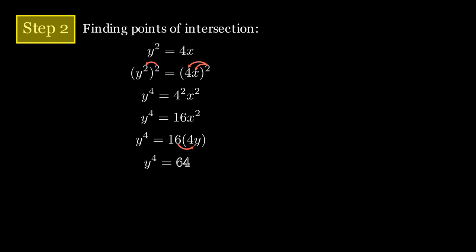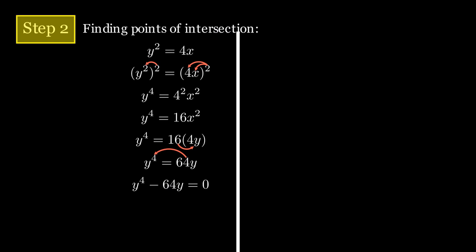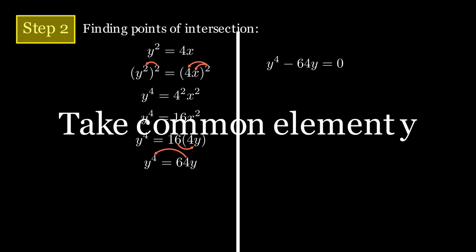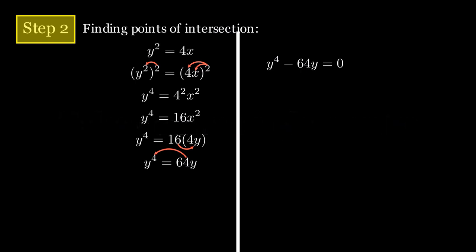Then, y to the power of 4, now 64y goes to the left-hand side, minus 64y equals 0. Now, take the common element y, then we get y times y cubed minus 64 equals 0.